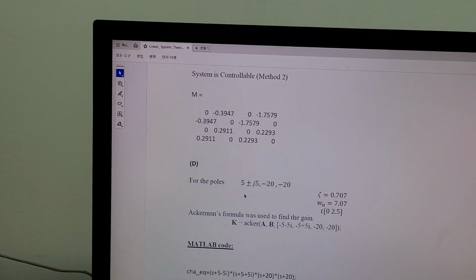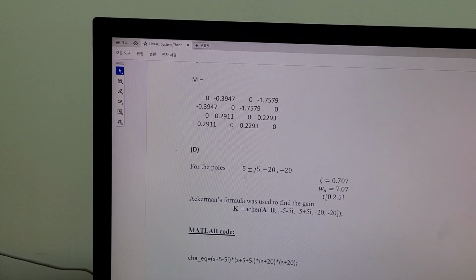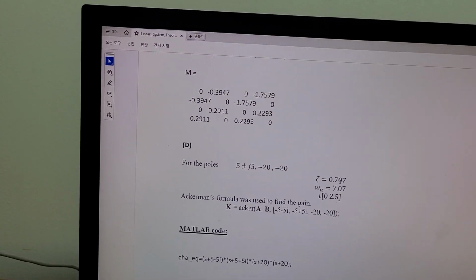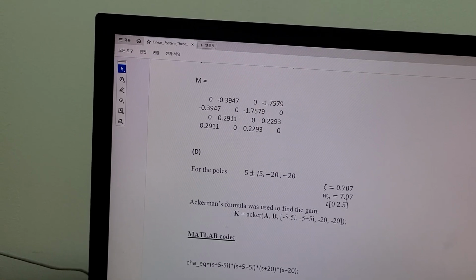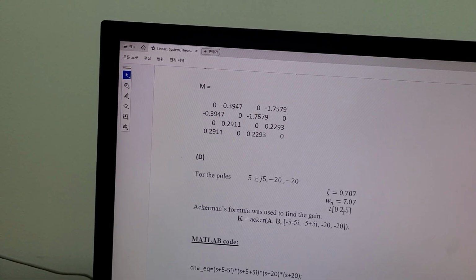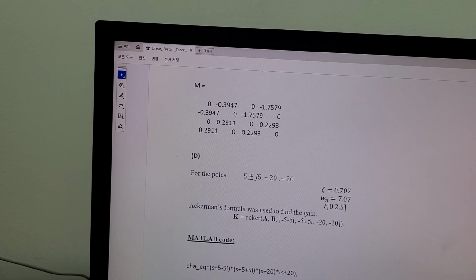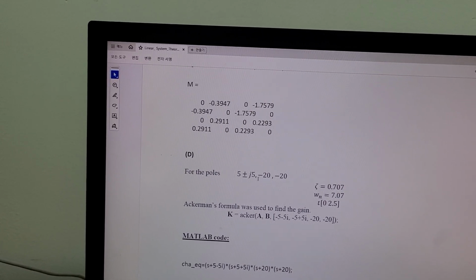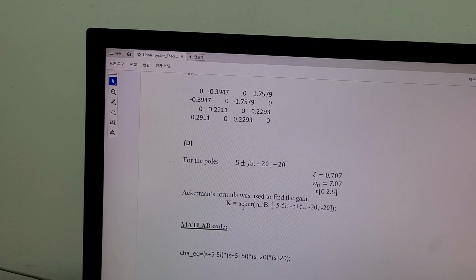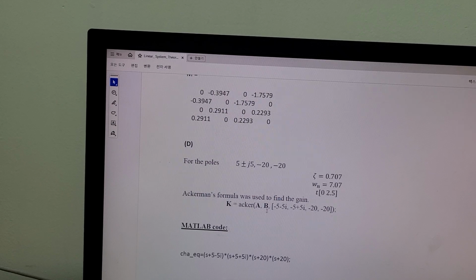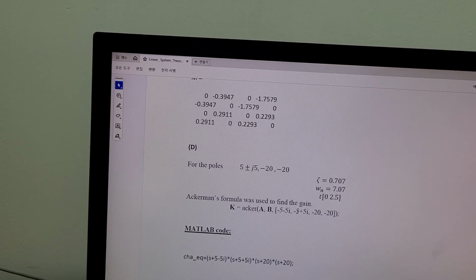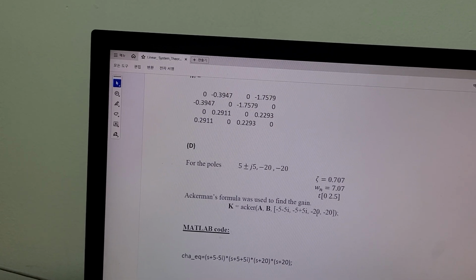Now part D says that the damping ratio is given as 0.707 and omega n is given as 7.07. We are asked to simulate the system from 0 to 2.5 seconds, and these are the closed loop poles. Using Ackermann's formula in MATLAB, K is equal to acker(A,B,P), and these are the pole positions: -5 plus and minus 5j, and -20.